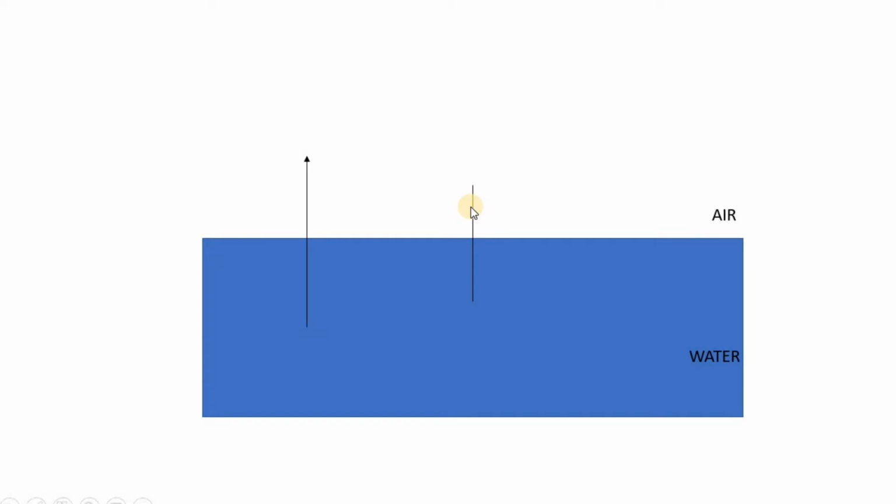This is the normal. Suppose we have an oblique incidence of a light ray from water to air. It has to pass like this. But it is seen that when the light ray is obliquely incident from one medium to another, its path is always deviated from its actual position.